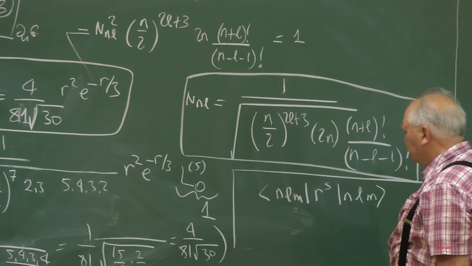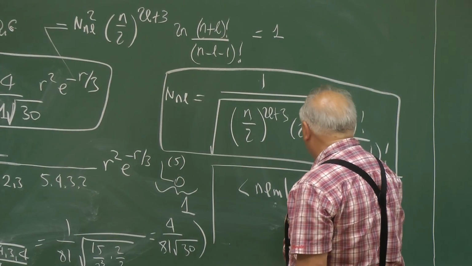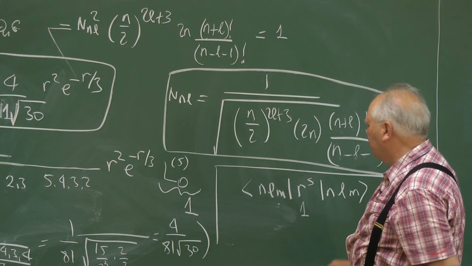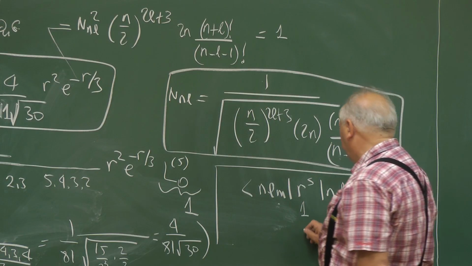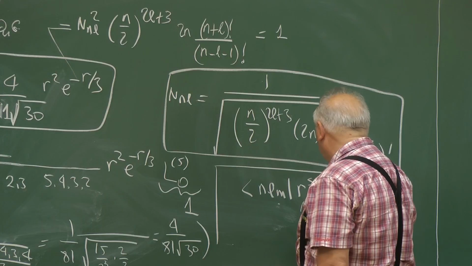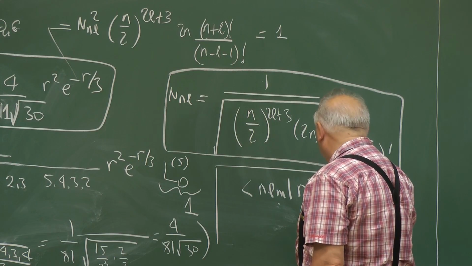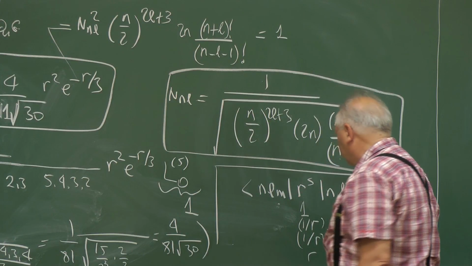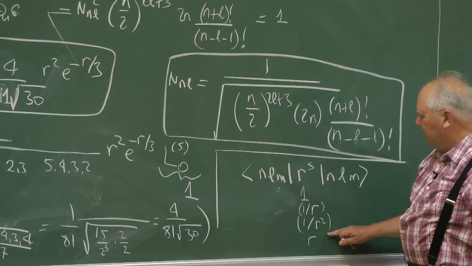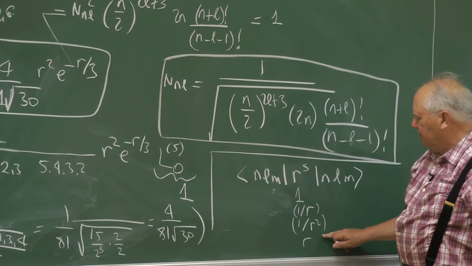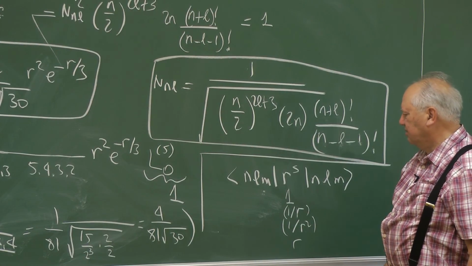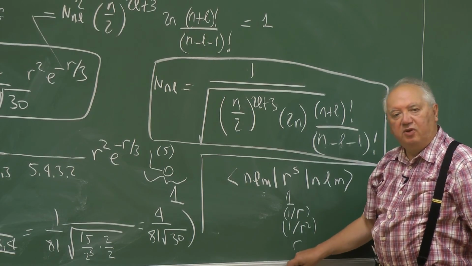The interesting powers, well, one of course is what we did, normalization, and then we have 1 over r, 1 over r squared, and r. Okay, these are the simplest. So we shall consider the expectation values of 1 over r, 1 over r squared, and r. So that will be the topic of next time.